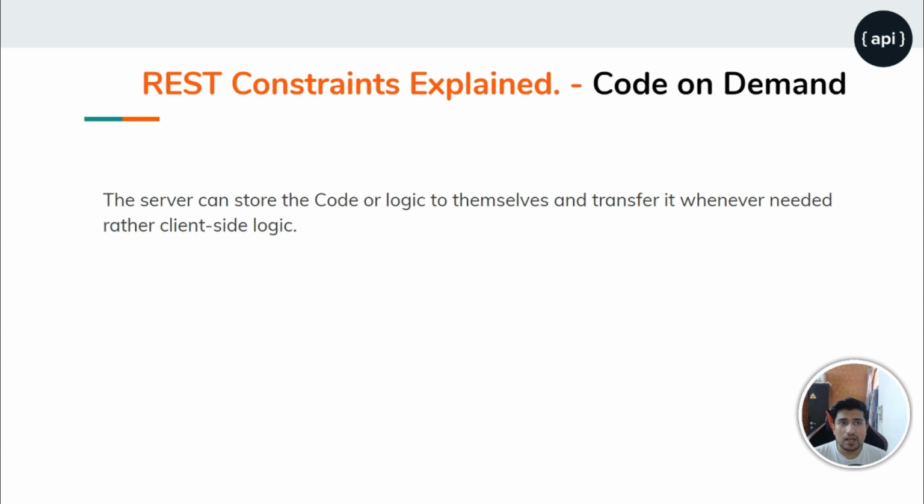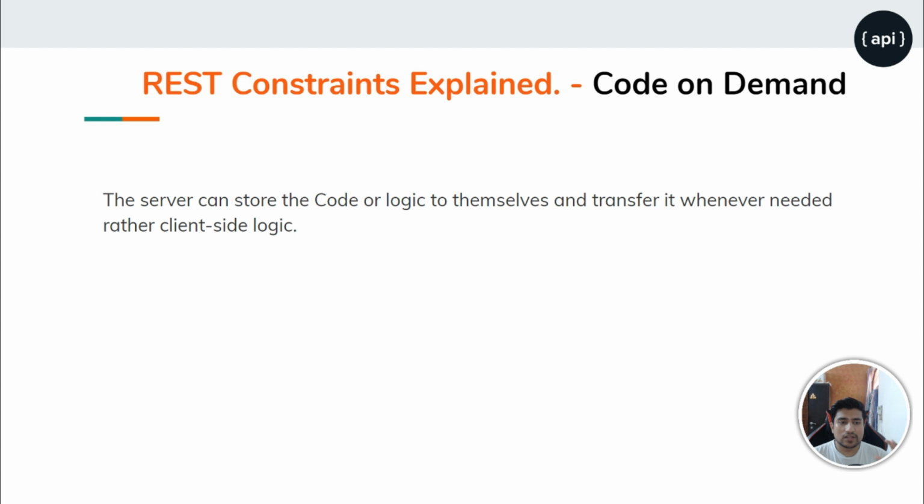This one is optional, the code on demand. It's the last, sixth major REST constraint. Sometimes we call it an optional one. It basically means that the server can store code or logic itself and transfer it whenever needed to the client. For example, if the client sends 1 plus 1, it's calling a function, and the server responds back with a 2.